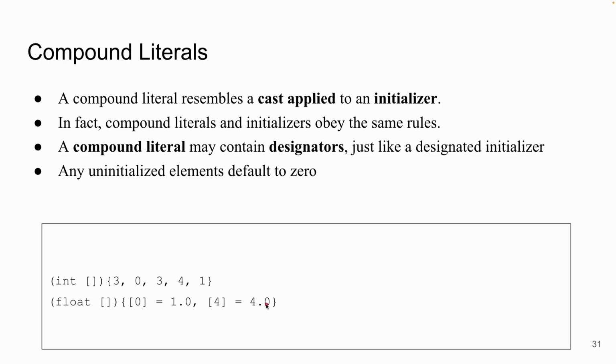If you still remember for the designated initializer, if we don't specify the value in the initializer, by default, all those elements will have a default value 0. So that is the compound literal we can create.